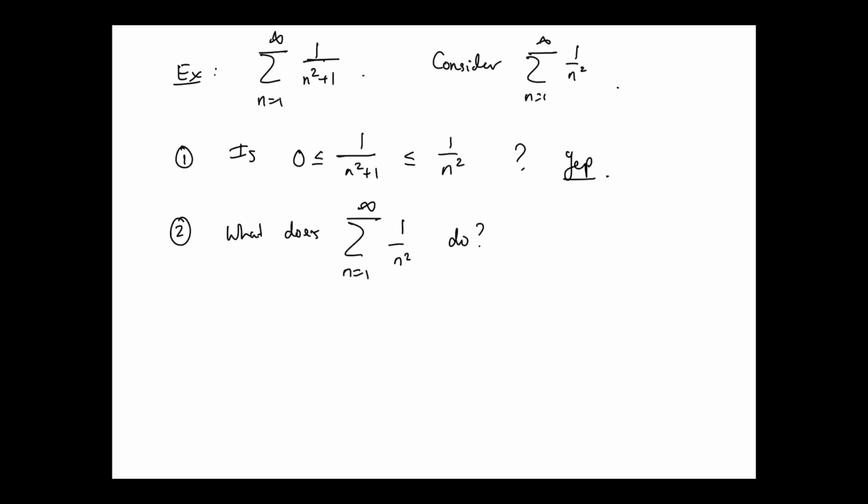Okay, so what does the series 1/n² do? It converges. Why? The why is the really important part here. There's multiple acceptable whys in this case. What is one acceptable why?